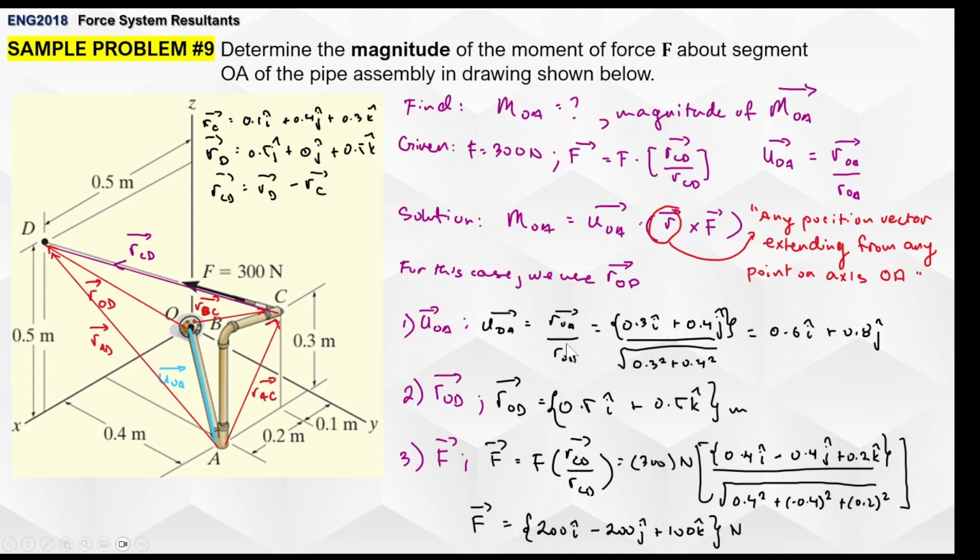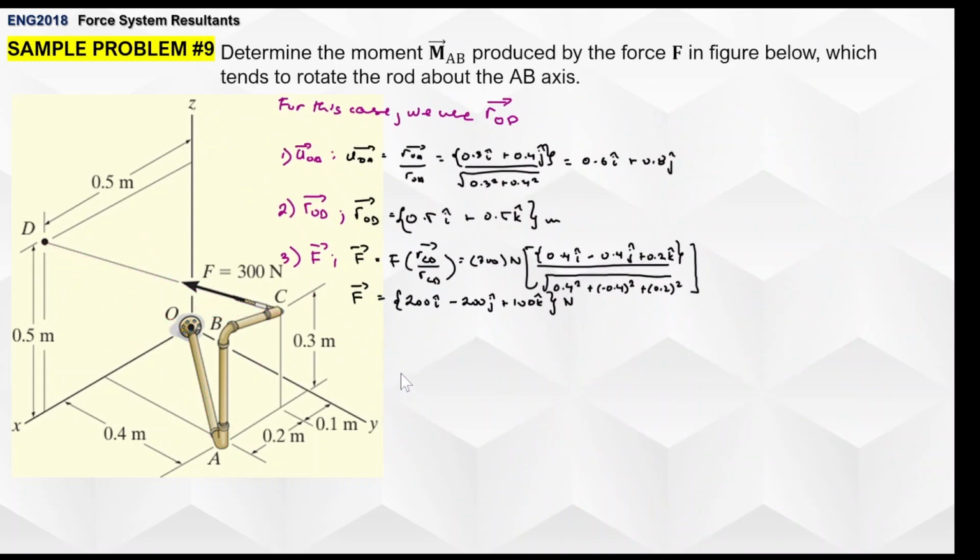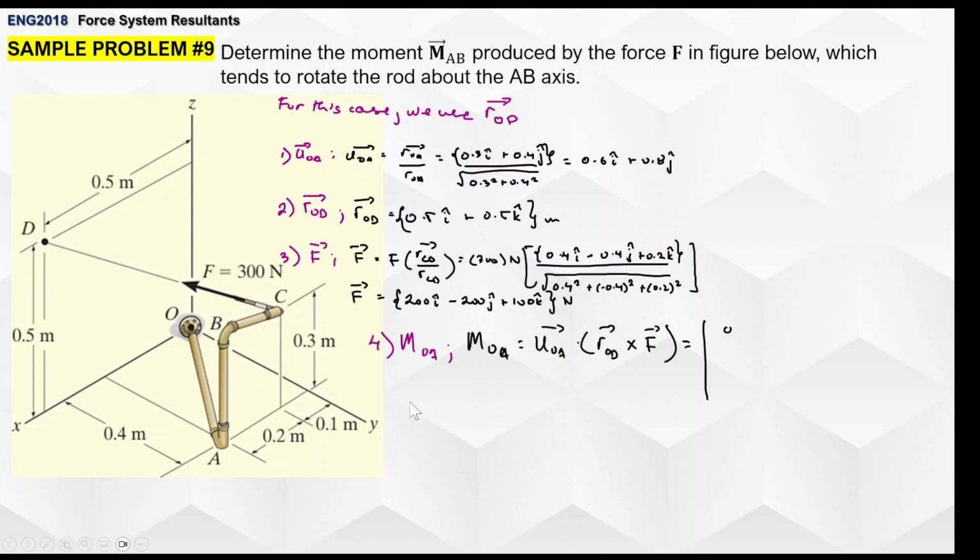Now, since you have all three ingredients for your formula, all you have to do is substitute them out and create your determinants. So laying out the equation now for the moment of O about axis OA is equal to the product of unit vector UOA and cross product of ROD vector and F vector.